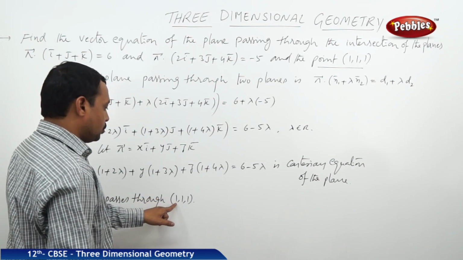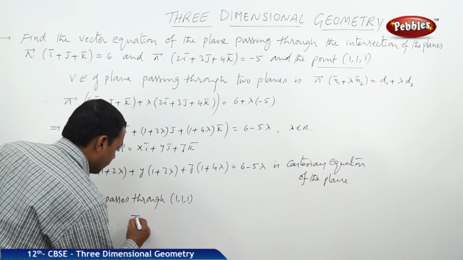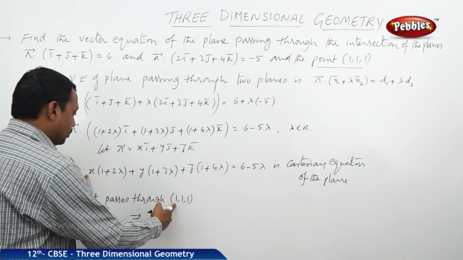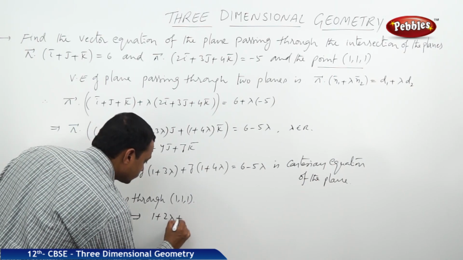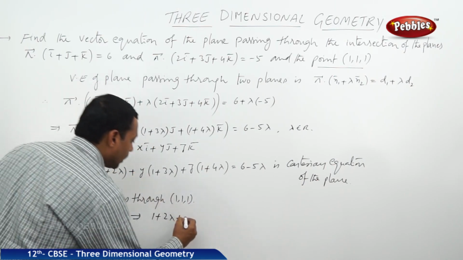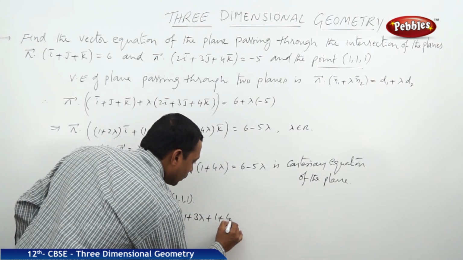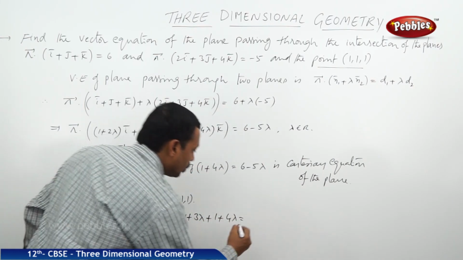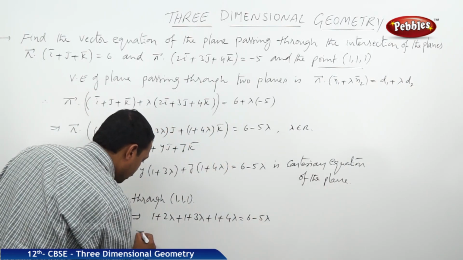Now substitute 1, 1, 1 in place of x, y, z in the Cartesian equation. So x is equal to 1, it is 1 plus 2 lambda, put y equal to 1, then it is 1 plus 3 lambda, 1 plus 4 lambda is equal to 6 minus 5 lambda.